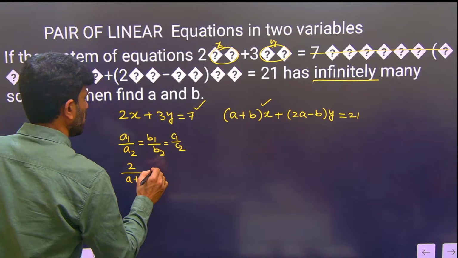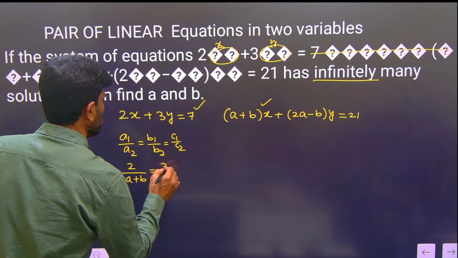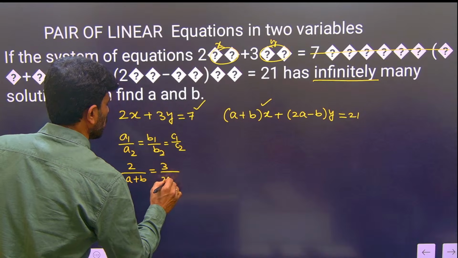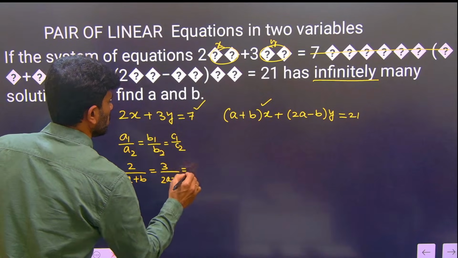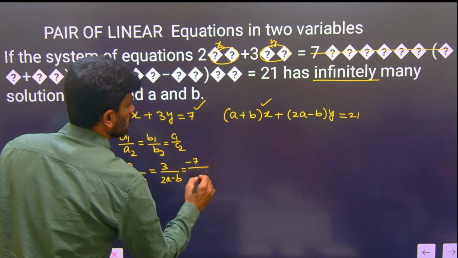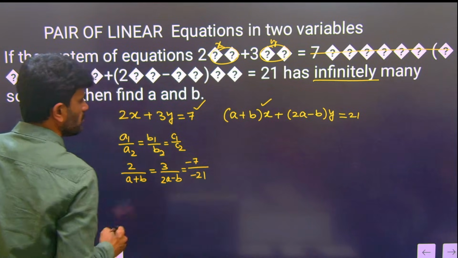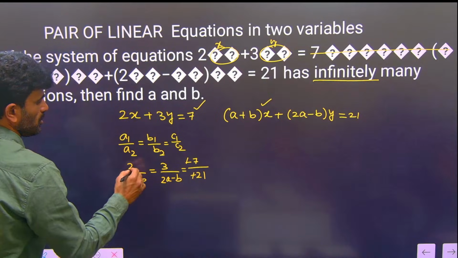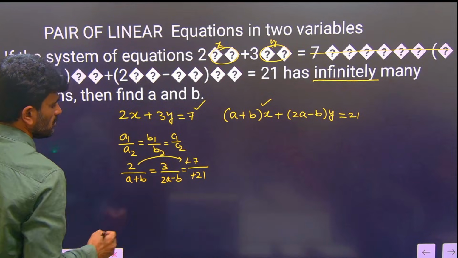A1 is 2, A2 is a plus b, B1 is 3, B2 is 2a minus b, C1 is minus 7 after setting this side, C2 is minus 21. So by this, equate the first and last ones.